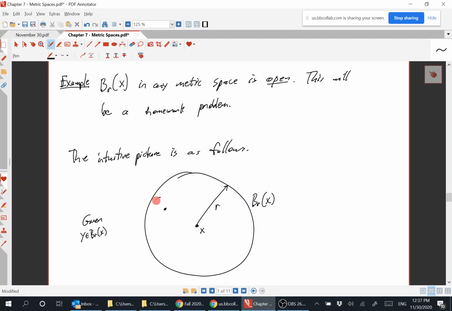Okay, you need to find, so here's Y. You need to find a radius, and you need to say what that radius is.